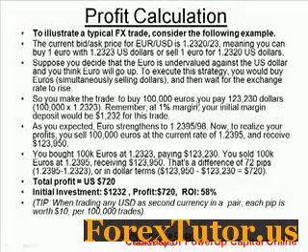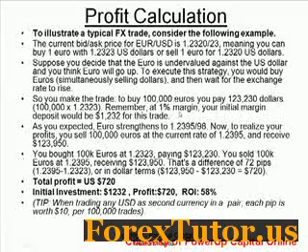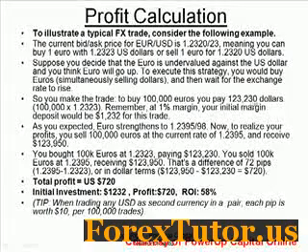So if I buy 100,000 euro and the exchange rate is 1.2323 US dollar for every 1 euro, I will have to come up with 123,230 US dollar, which is 100,000 times the exchange rate. However, whether you do a standard or a mini contract, your investment is just 1%. So all you need to do is pay 1% of 123,230, which is $1,232.30. If you're doing a mini contract, you would end up paying only $123, which is 1/10 of the standard.